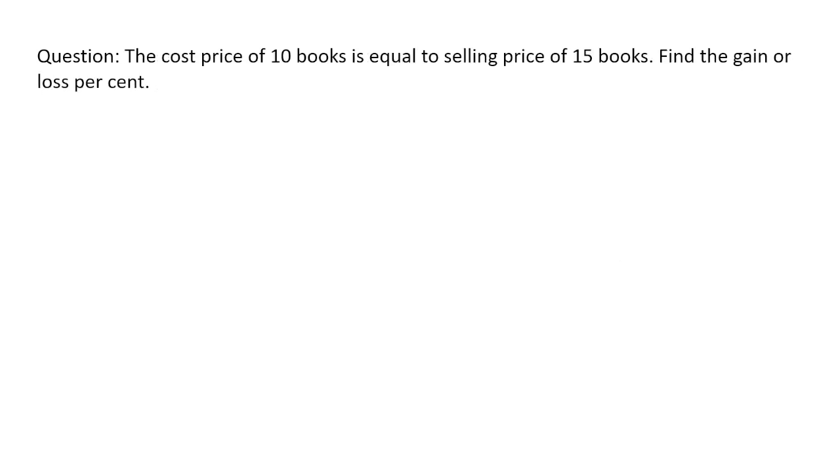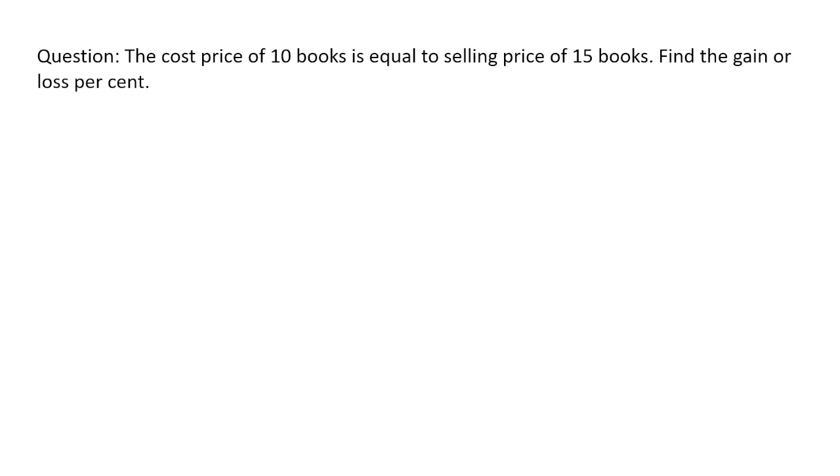The cost price of 10 books is equal to selling price of 15 books. Okay. That means, if he buys 10 books at some amount, then he can recover the money by selling 15 books, at some price.